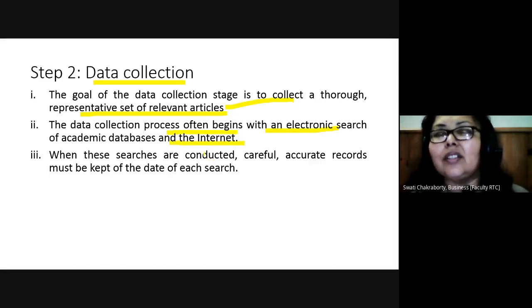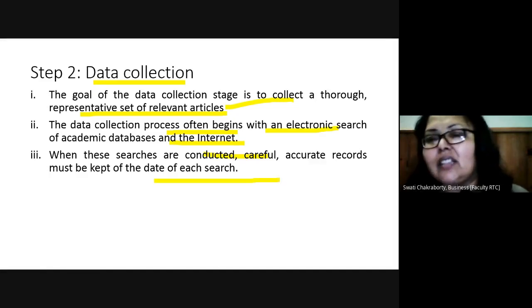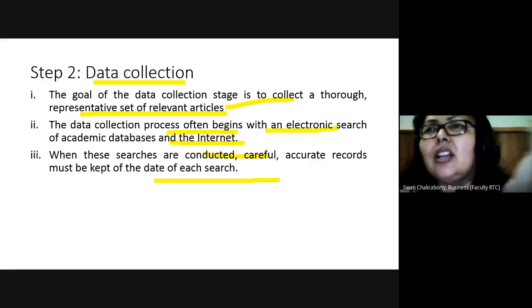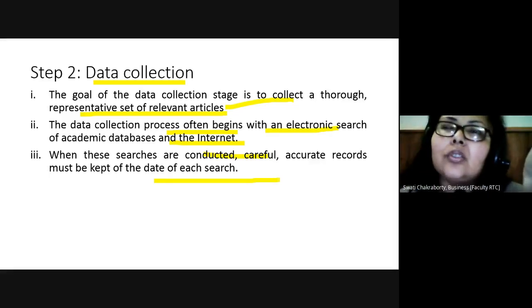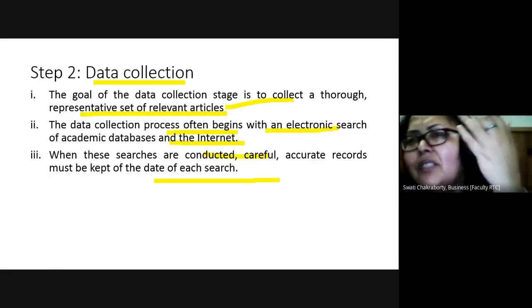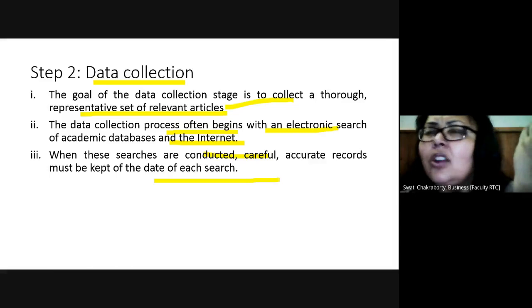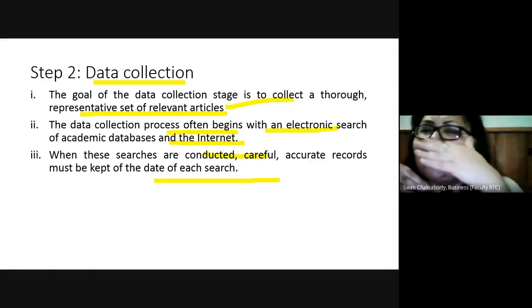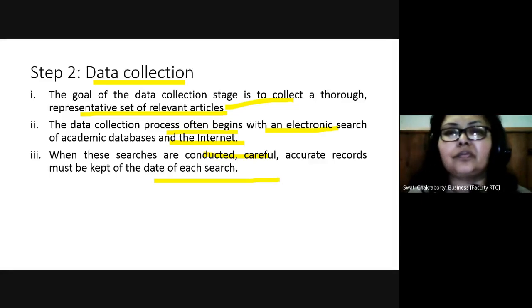When these searches are conducted, you should be very careful in accurately recording the actual date of the search, because you need to keep track of that. If you went through these materials 10 years ago, it doesn't help, because a lot of things have changed, so it has to be a recent search.